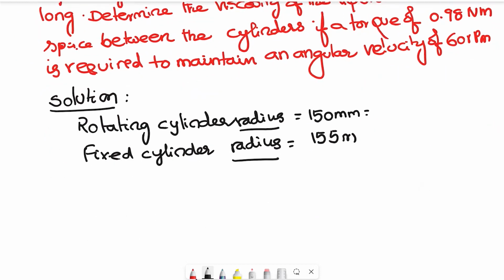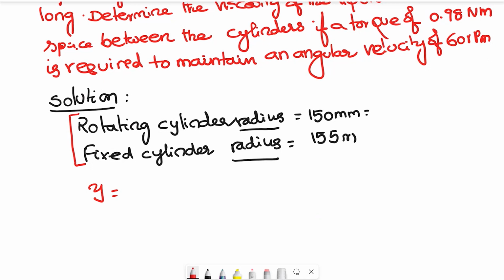From these two itself, you can find out what is y. Y is nothing but the distance from the fixed plate to the moving plate, from the fixed cylinder to the rotating cylinder. Here only radius is given, that means one side, half.